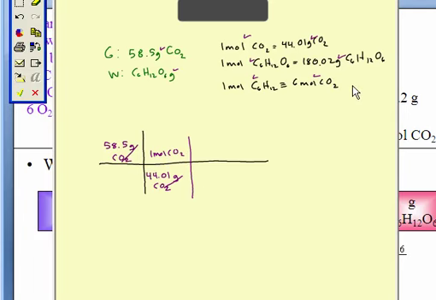Here's my conversion factor. 6 moles of carbon dioxide, 1 mole. Whoops, I didn't write my formula right there. C6H12O6. My moles of carbon dioxide cancel out. And then my last step is to convert between moles and grams.